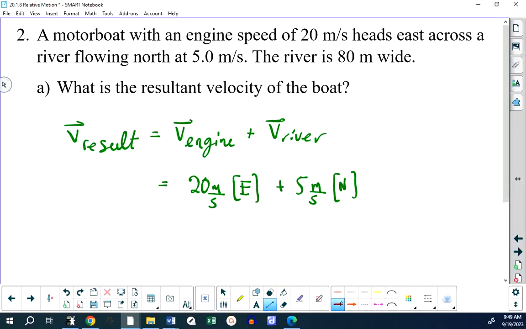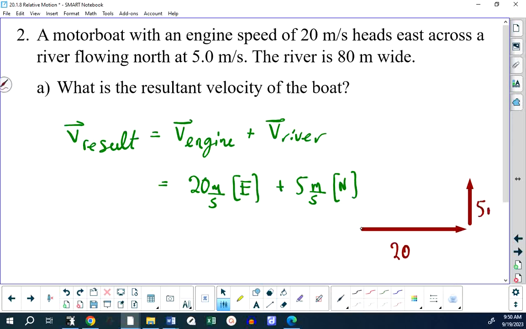I'm going to pay extra careful attention to all of my directions from now on so I don't flip my east and west. This is 20 meters per second east. This is 5 meters per second north. These are meters per second, not meters.